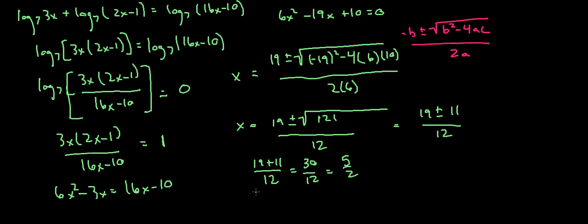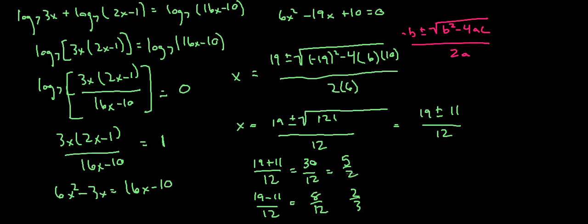And then 19 minus 11 over 12 is equal to 8 over 12, which is equal to 2 over 3.